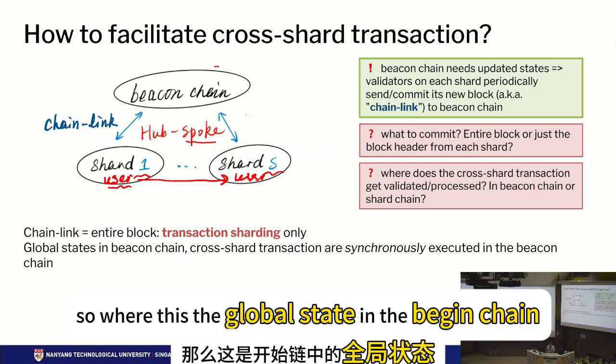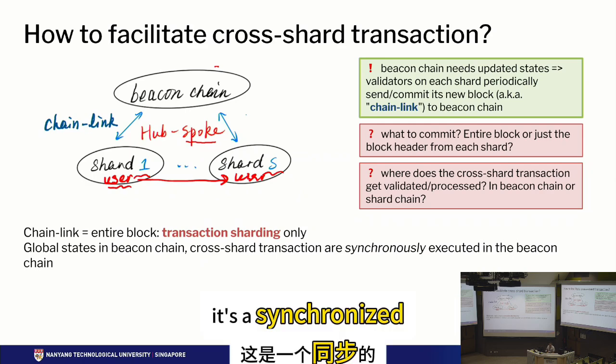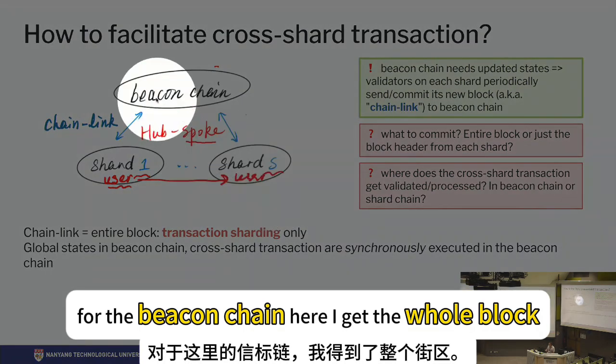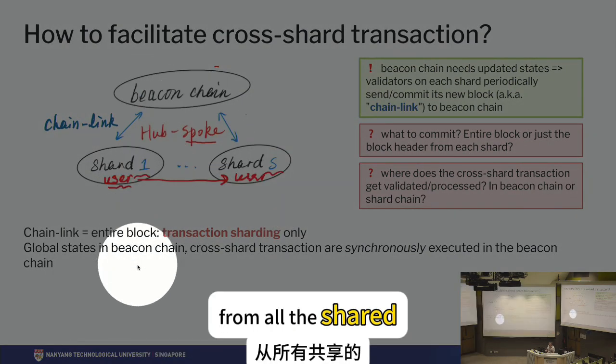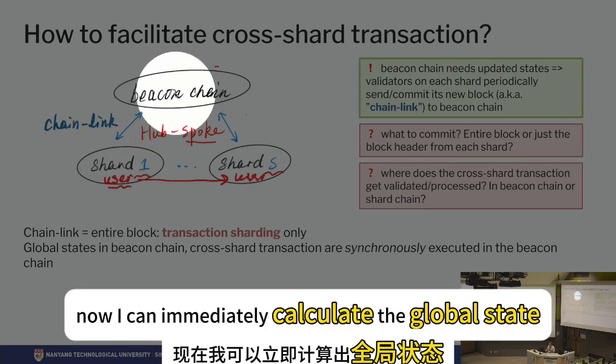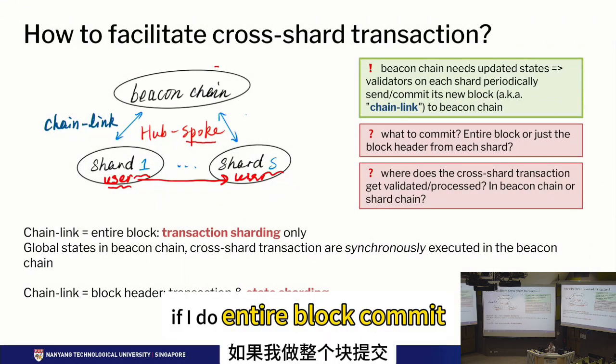So with the global state in the beacon chain, the cross-shard transaction is executed synchronously in the beacon chain, because the beacon chain gets the whole block from all the sharded blockchains. Now I can immediately calculate the global state on the beacon chain, if I do the entire block commit.